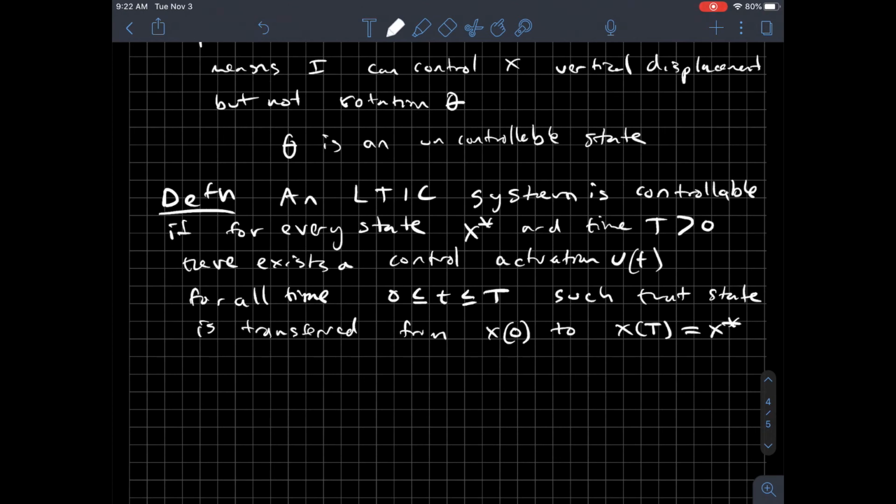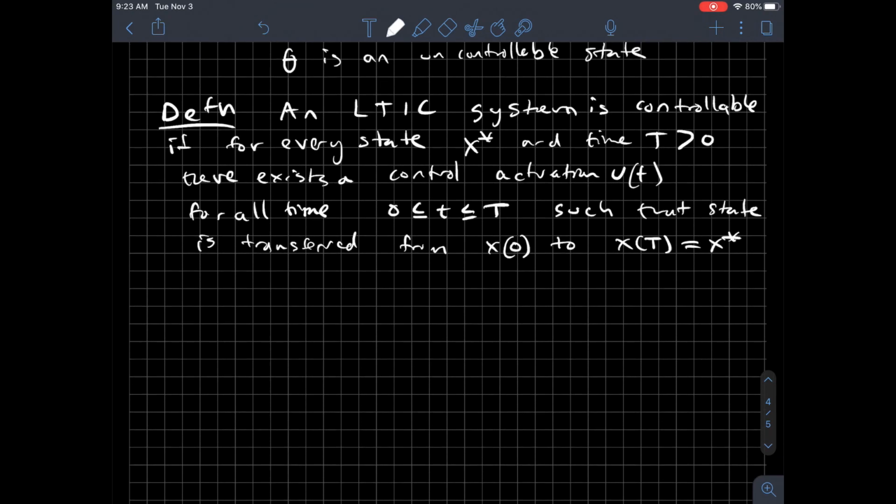Okay, that's a lot of words, and all those words mean is that if I have a desired state in a finite amount of time, I can use a controller to take my system from its initial condition to that final state.